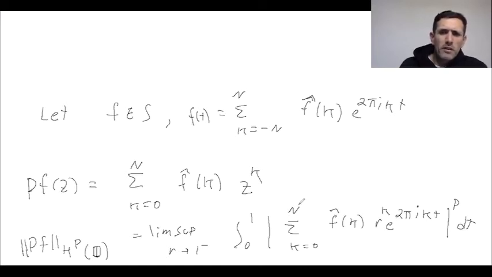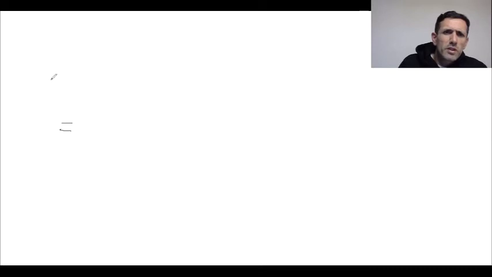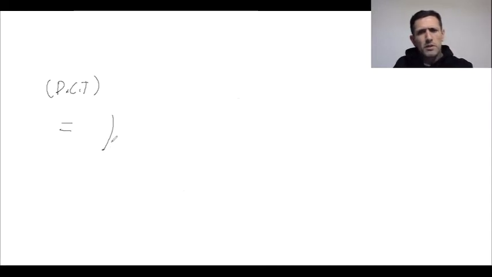There are no claims of bounds independent of n, but that's all right. The point of doing this for f in S, where S is just the span of these exponentials, is that you can trivially invoke the dominated convergence theorem and interchange this limit and integral. And again, lim sup is a limit if the limit exists. So this equals, by the dominated convergence theorem, the integral of the limit.